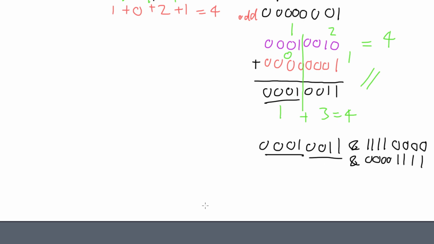And don't forget that you need to right shift this answer by 4 to align the bits. And so at the end, you should get 0 0 0 1 plus 0 0 1 1, which add together would be the binary representation of 4 in base 10. And that's how you bit count using this algorithm.